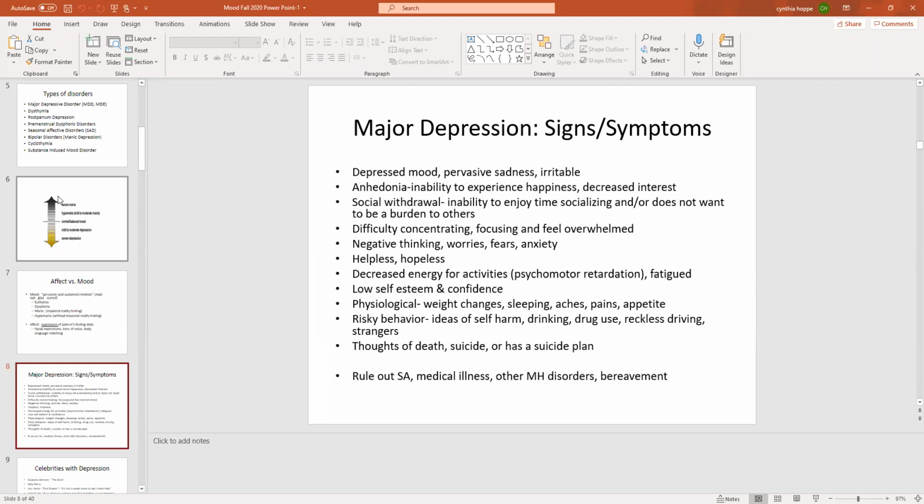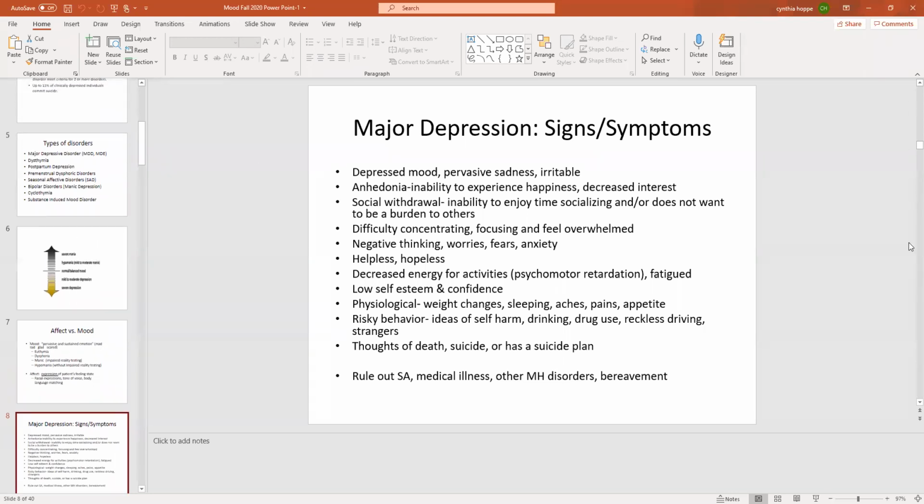All right, so when we are assessing a patient for depression, we've got to rule out if it's a medical problem. Now, granted, yes, they are depressed because of rheumatoid arthritis or because of chronic pain or those kinds of things, or bereavement. Loss is a big thing.